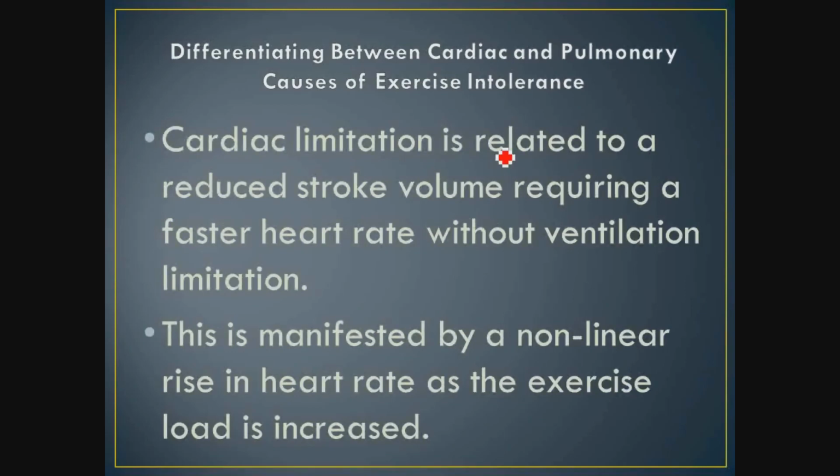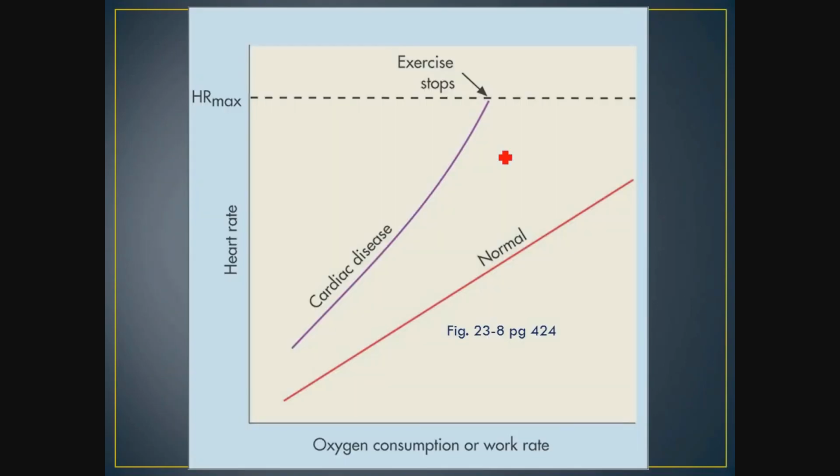Instead of the heart rate rising in a linear fashion, there's a little bit of a curvature to it as we get towards the limit that the person can manifest.